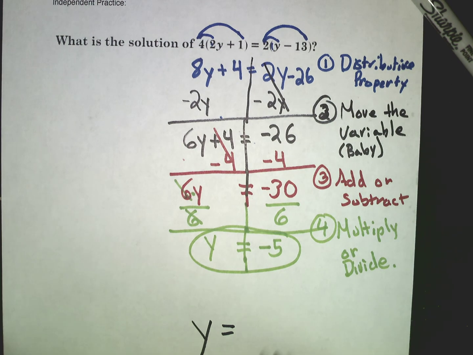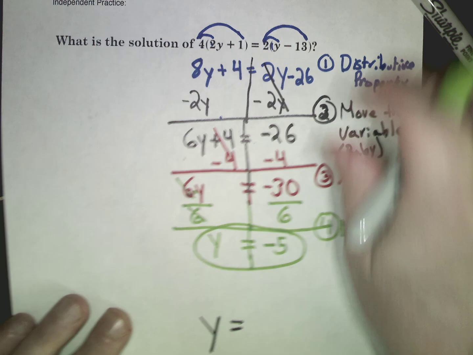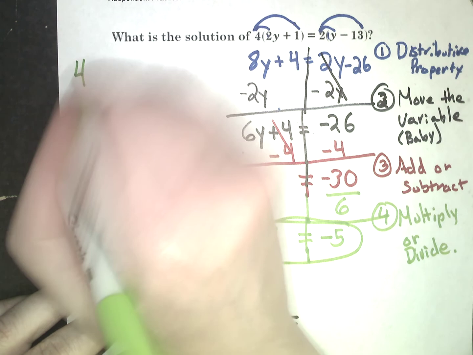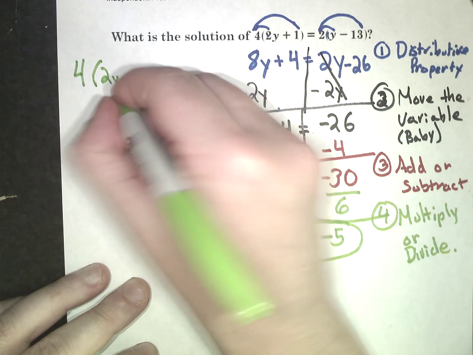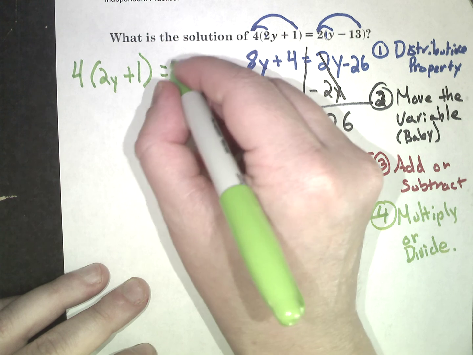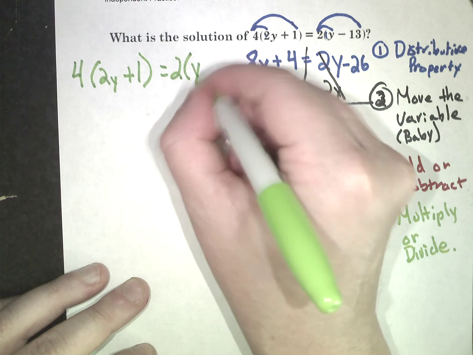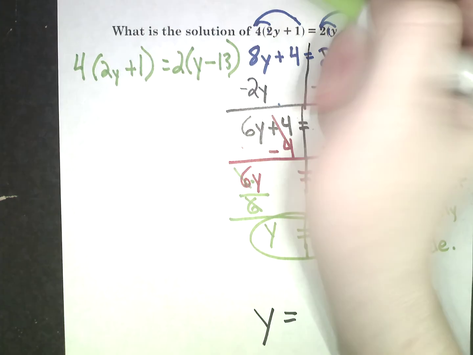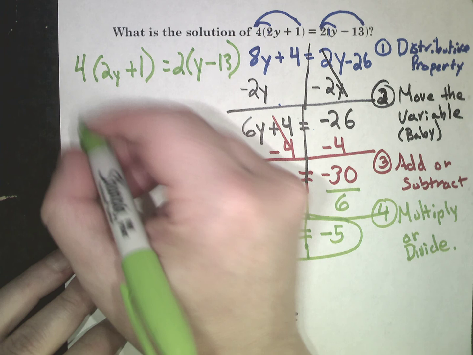So one last thing I'm just going to go through. You don't have to necessarily do this, but it's the check. Okay? So if I wanted to know 4(2y + 1) = 2(y - 13), I'm going to substitute wherever I see y, I'm going to put in the number negative 5.